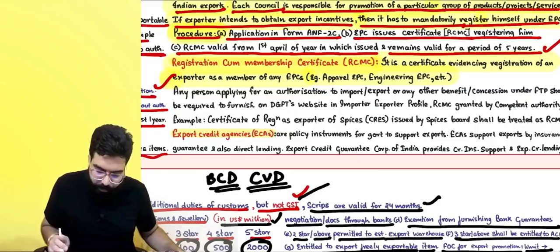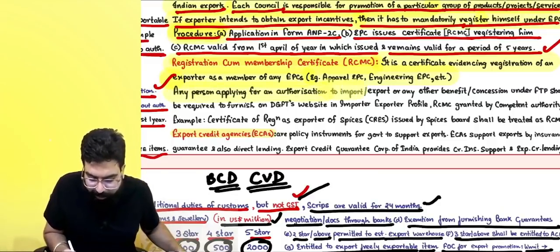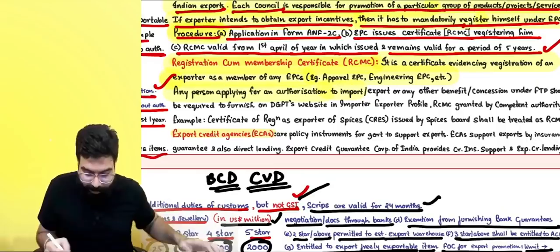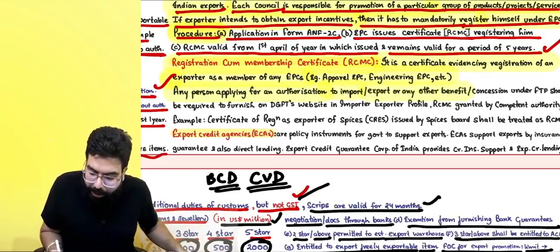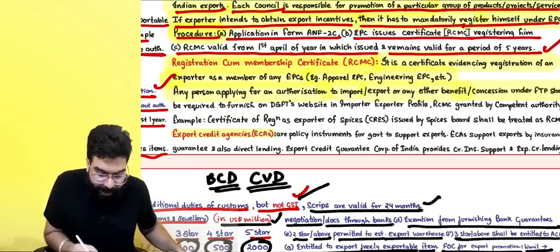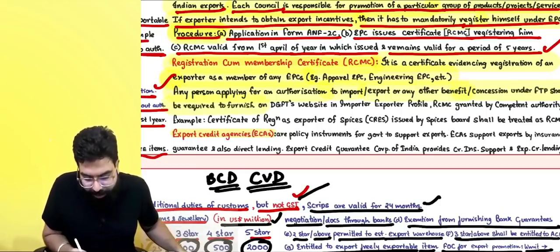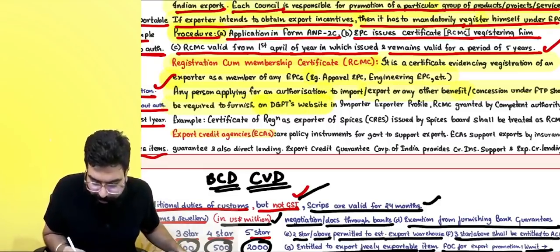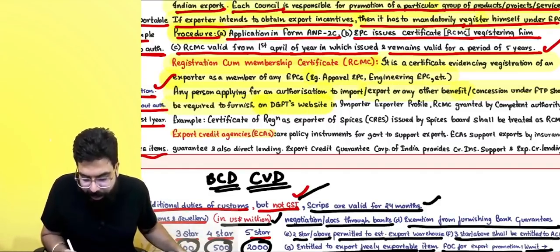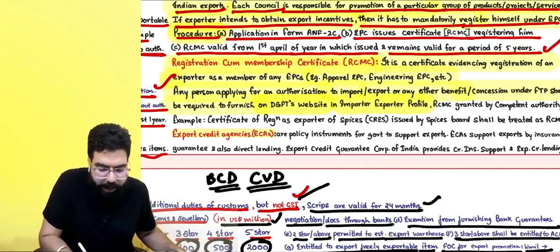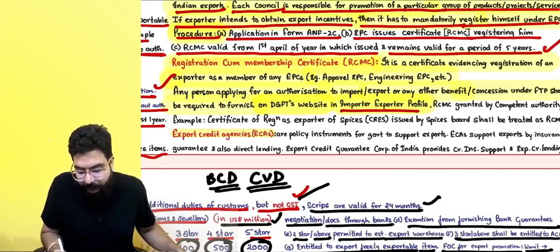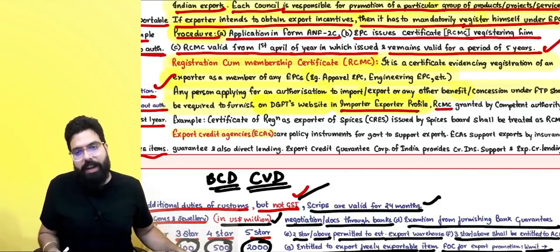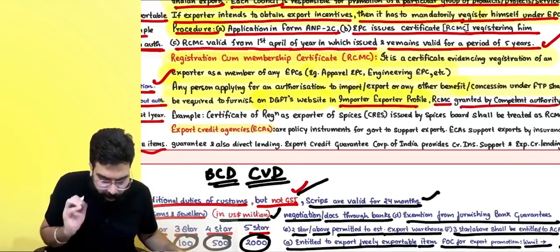Next, any person applying for authorization to import, when you apply for advance authorization, EPCG authorization, or export or any other benefit or concession under FTP, shall be required to furnish on the DGFT website, in the importer exporter profile, the RCMC registration cum membership certificate granted by the competent authority.